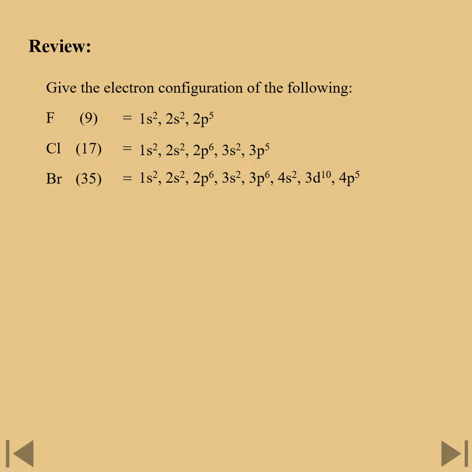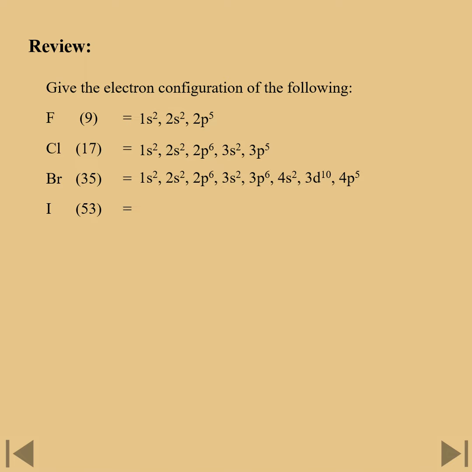And who would you guess I'm going to do next? Iodine with 53 electrons. Okay, well, we know where the first 36 are. So again, if we filled up that 4p with 6, then we know where our first 36 are. 1s2, 2s2, 2p6, 3s2, 3p6, 4s2, 3d10, 4p6.